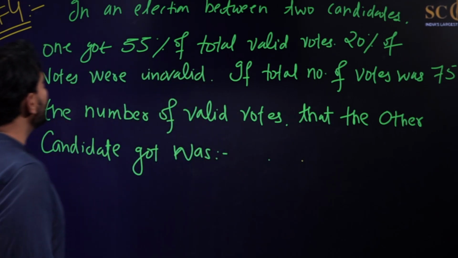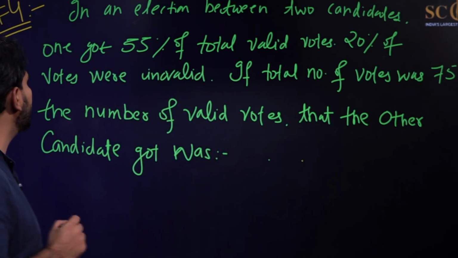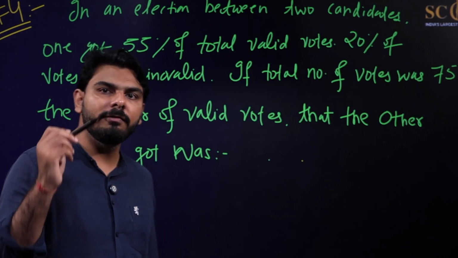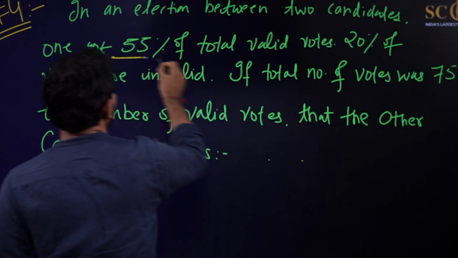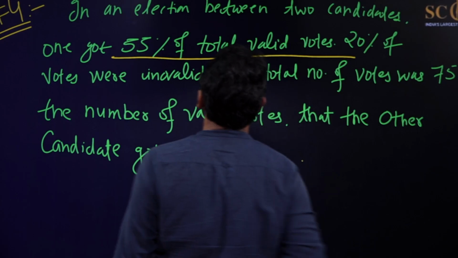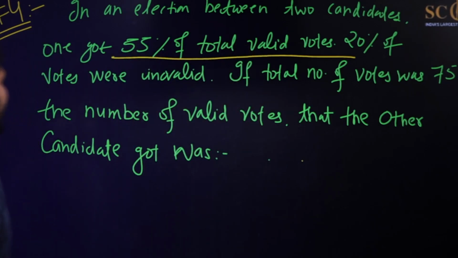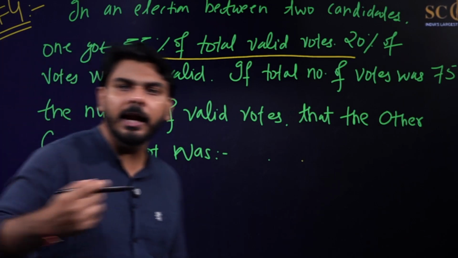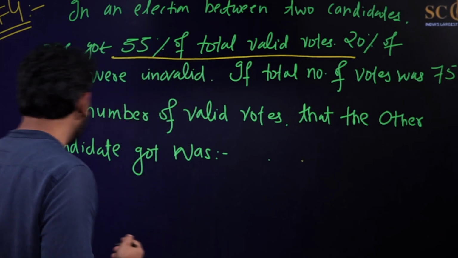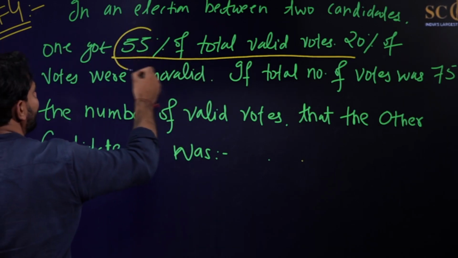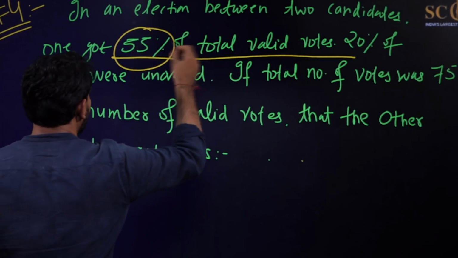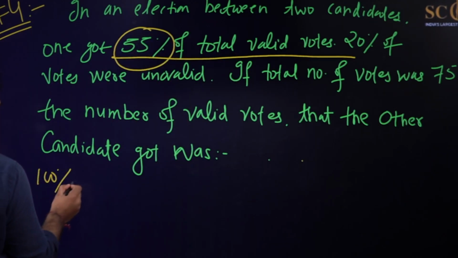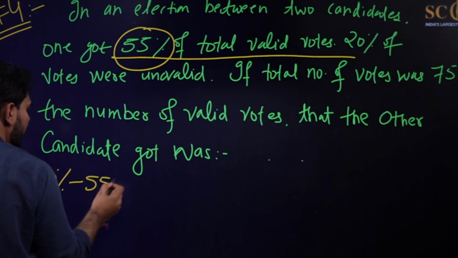Okay, so in this question you are given that there is an election between two candidates, out of which one of them is getting 55% of the total valid votes. So what is the percentage of votes that the other candidate will be getting? If one candidate is getting 55% of the valid votes, it means the other candidate will be getting 100% minus 55%, isn't it?